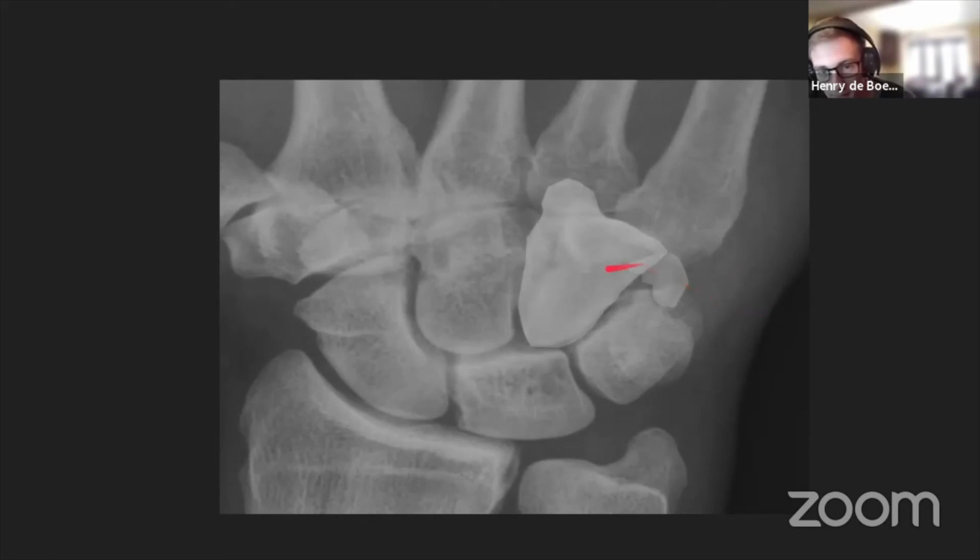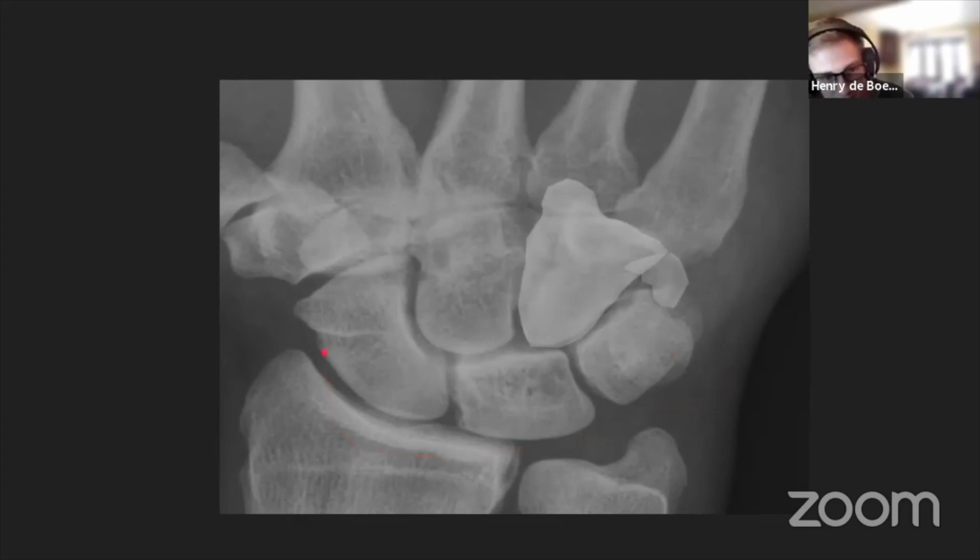So yeah, that's probably come from the hook of the hamate, which is why if we go back, something's not right, but there's no clear break in the cortex, but there's this fragment, and that's probably because it's the hook which projects sort of on top of the hamate, which is fractured and then moved around the side. So yeah, hamate fracture.